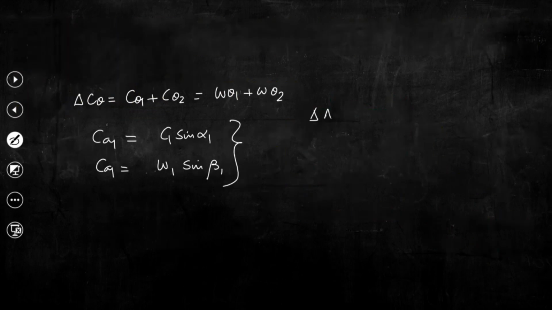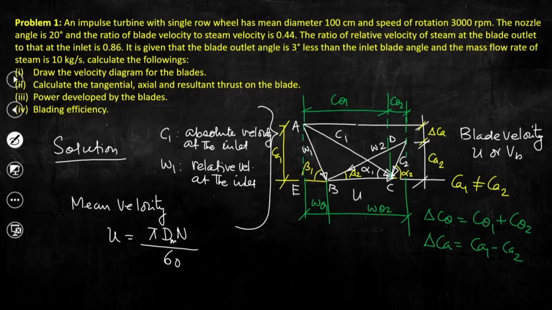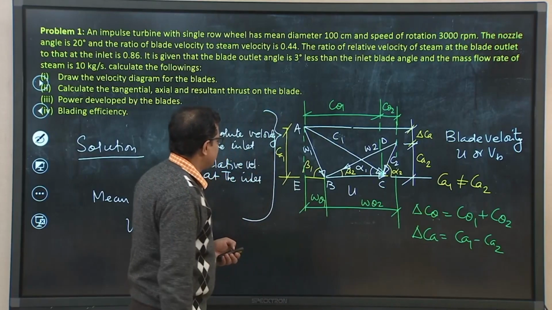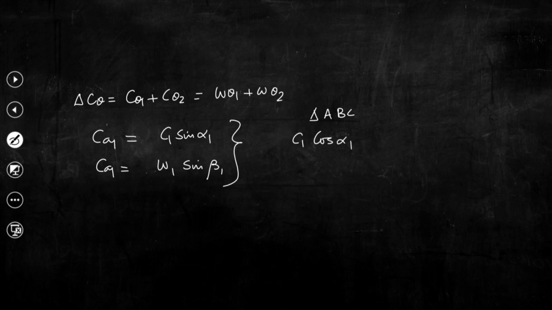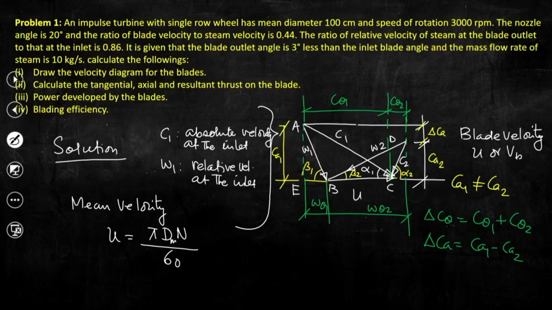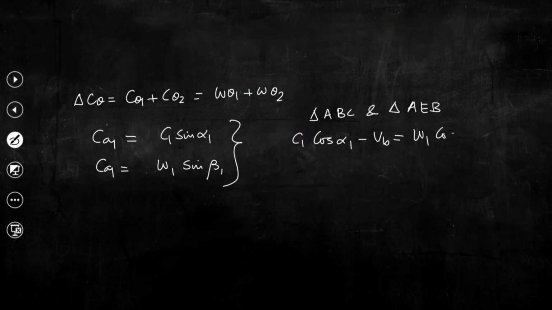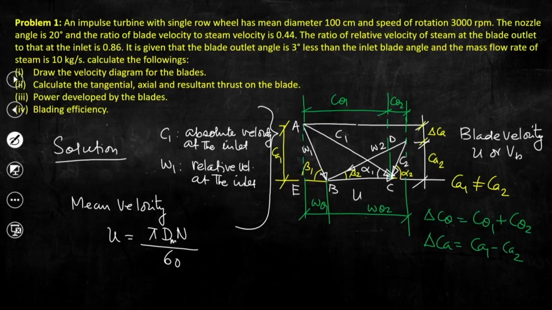Considering triangle ABC and triangle AEB, we can write C1 cos alpha 1 minus VB equals EB, which is equal to W1 cos beta 1. So, EC, which is C1 cos alpha 1, minus U, or VB, equals EB.